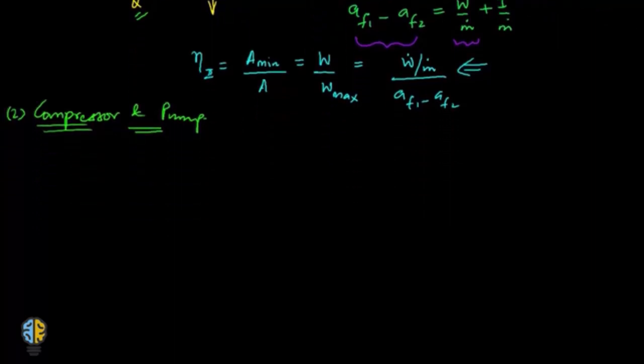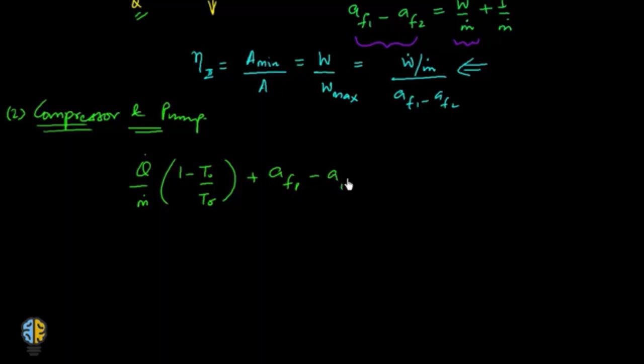You will have Q dot upon M dot into 1 minus T naught upon T sigma plus AF1 minus AF2, then minus W dot upon M dot, is equal to I dot upon M dot. Now because it's a pump and a compressor, this signifies negative work input, isn't it?